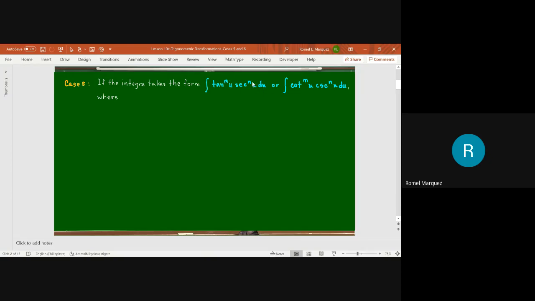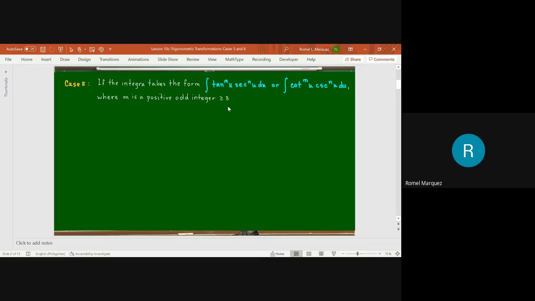In case 4, the condition was placed on n, okay? This time we're going to place our condition on m. So where m is a positive odd integer greater than or equal to 3.